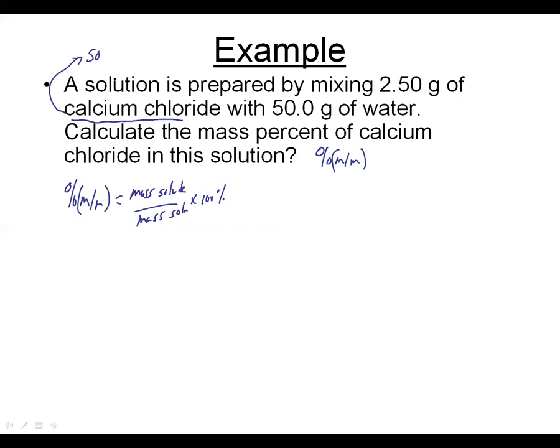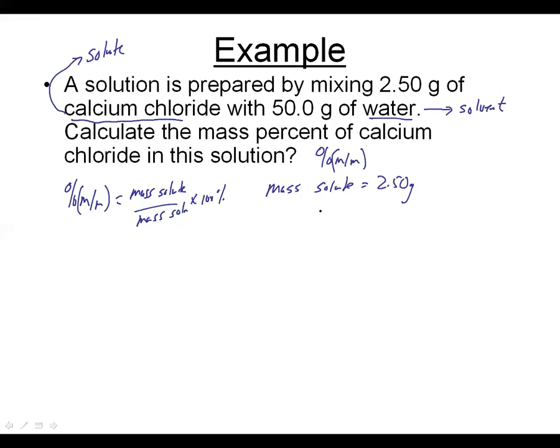So our calcium chloride in this case would be our solute, and our solvent would be our water. And that's a good solvent because calcium chloride is an ionic compound, so it works well, which means that the mass of the solute will be the 2.50 grams.